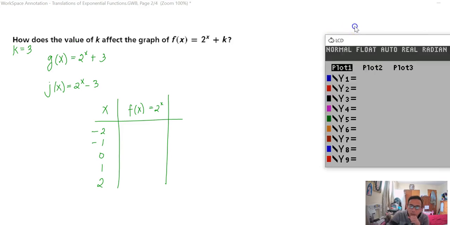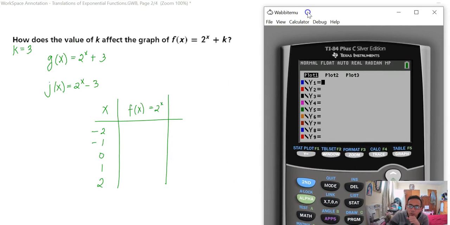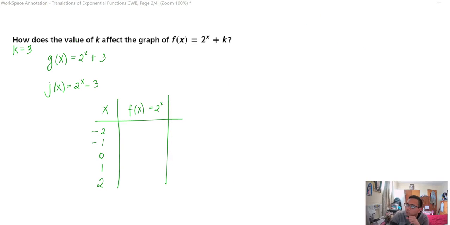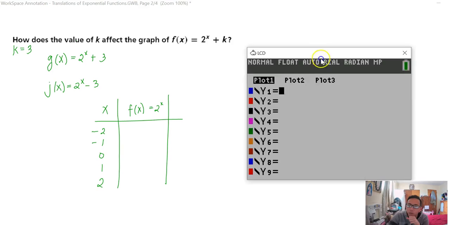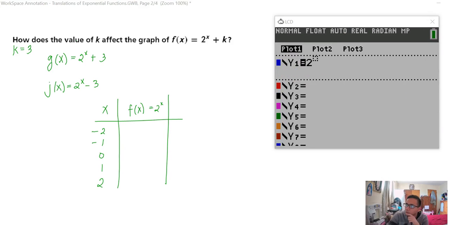Okay. So y equals, and then I'm going to put my original equation 2 raised to x first. 2 raised to x. Okay, that's my original equation, and take note that the graph here will be blue in color.